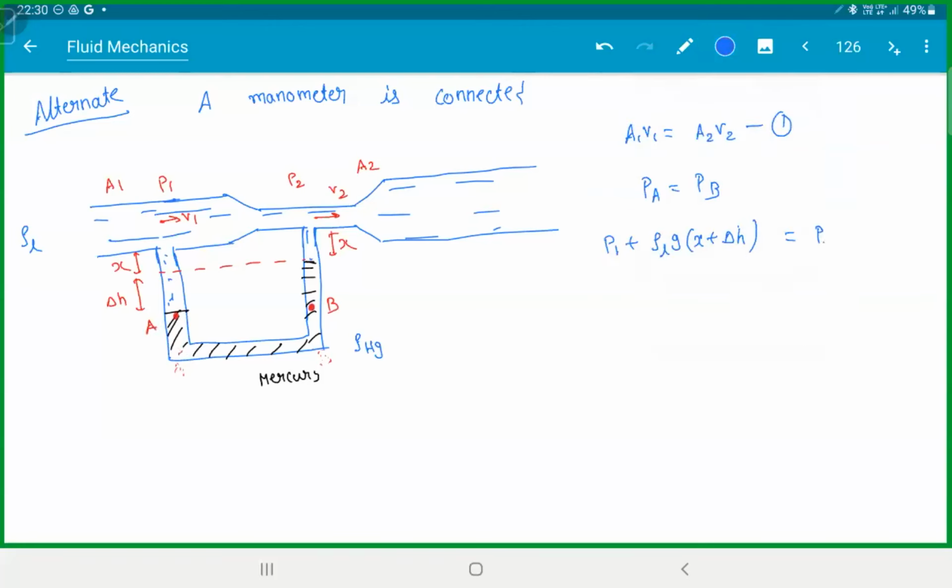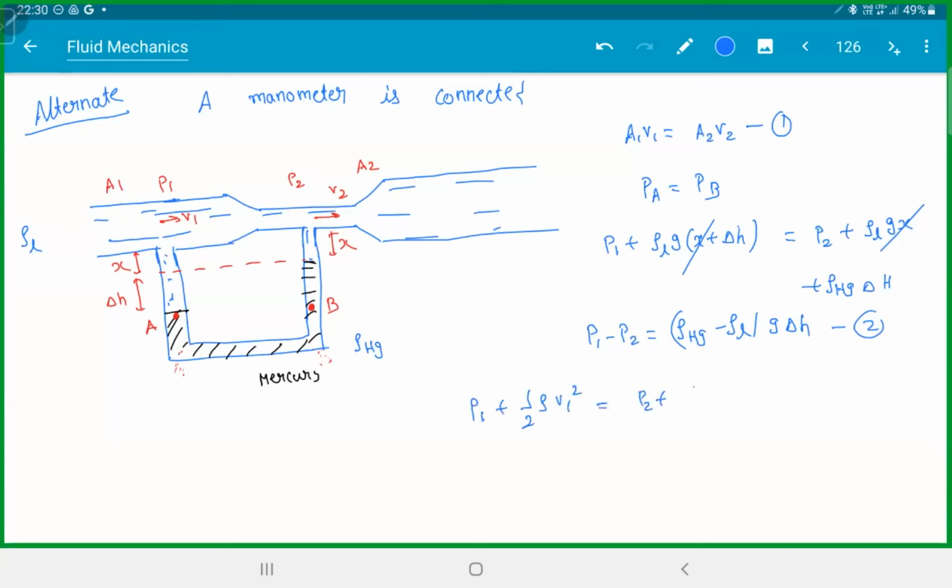On the right side it will be P2 plus rho liquid g X plus rho mercury g delta H. This and this term will cancel. We end up with P1 minus P2 is equal to rho mercury g delta H minus rho liquid g delta H. Then Bernoulli equation: P1 plus half rho V1 square is equal to P2 plus half rho V2 square. Three equations, right? You'll get whatever you want. They'll mostly ask you to find V2 or something.